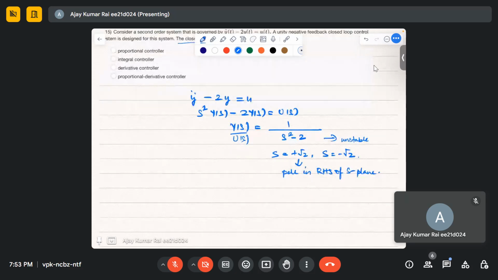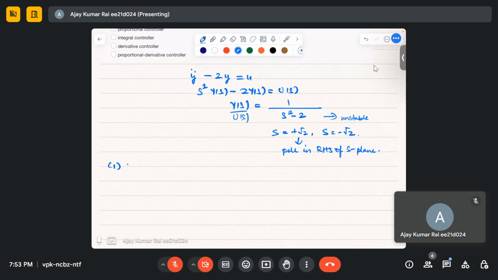So using a proportional controller, u of s equals Kp into e of s. I will directly write the open loop transfer function, G of s. What we are doing is, this is the controller, C of s, and the plant is given to me.